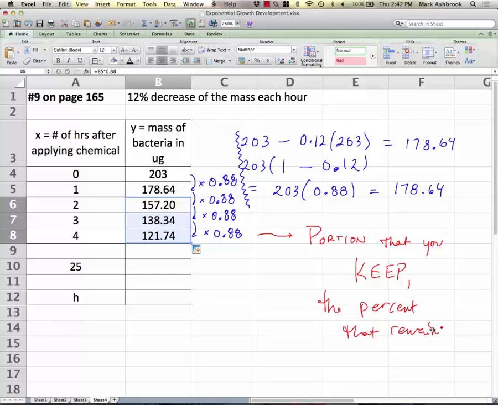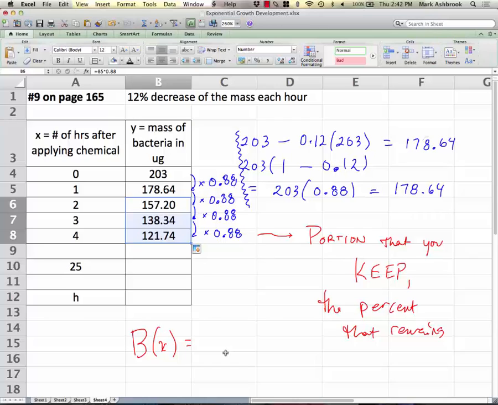All right, what is the function? I still got a minute or 3. What's the function? So if we want to do b of x. We start with 203, and then x hours later, how do we calculate it?